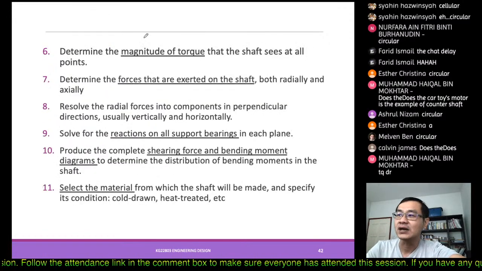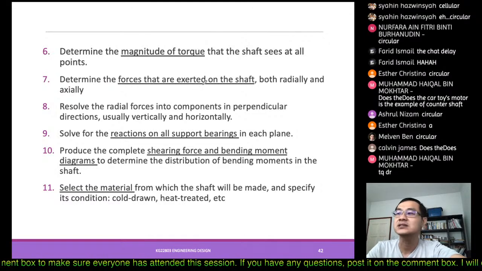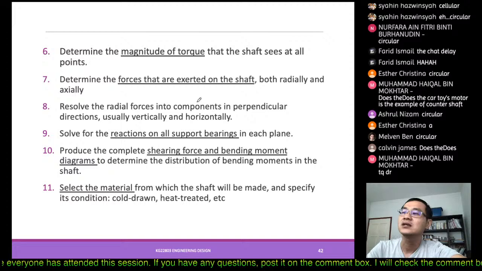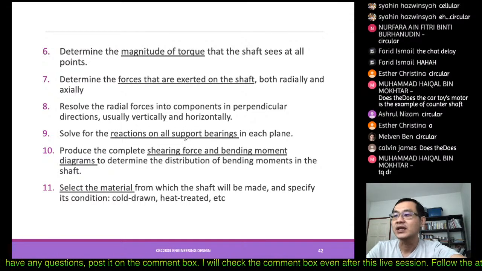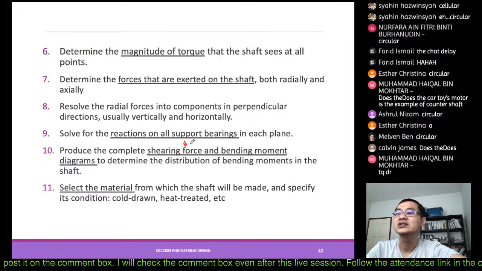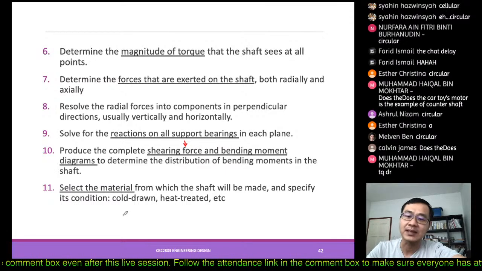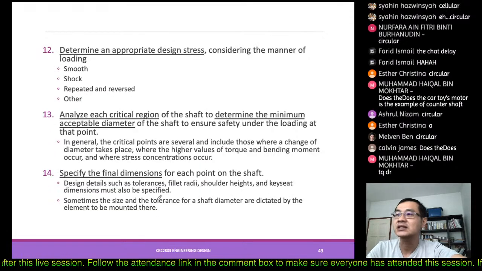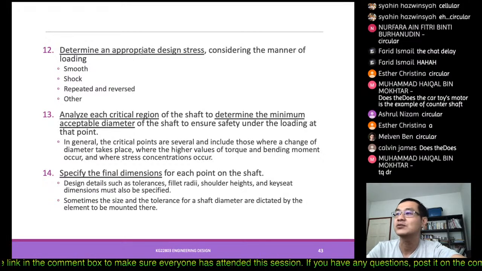Then what type of torque, the magnitude of the torque, the force exerted, the reaction force. From there you can calculate the direction force. From there again we generate the shear force and bending moment diagram, and now we select the material. After we select the material, now we come to the calculation part, that we have demonstrated previously.